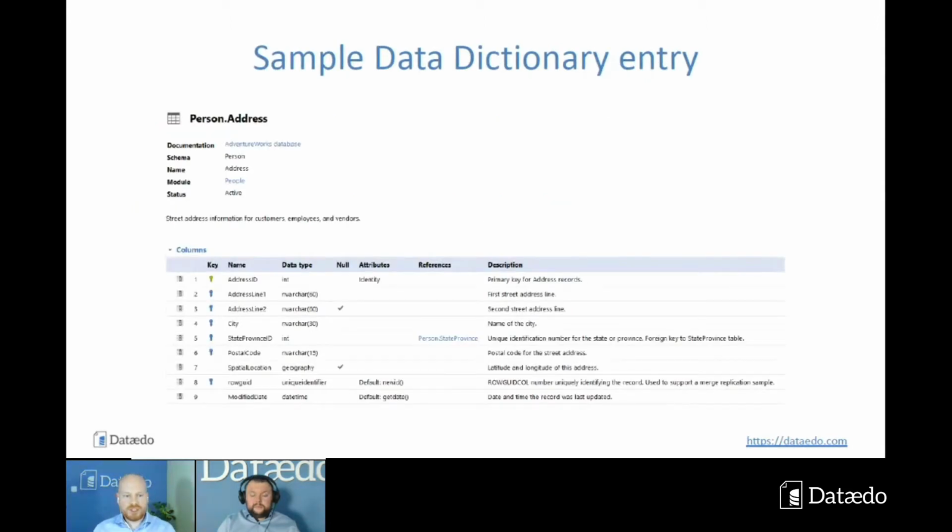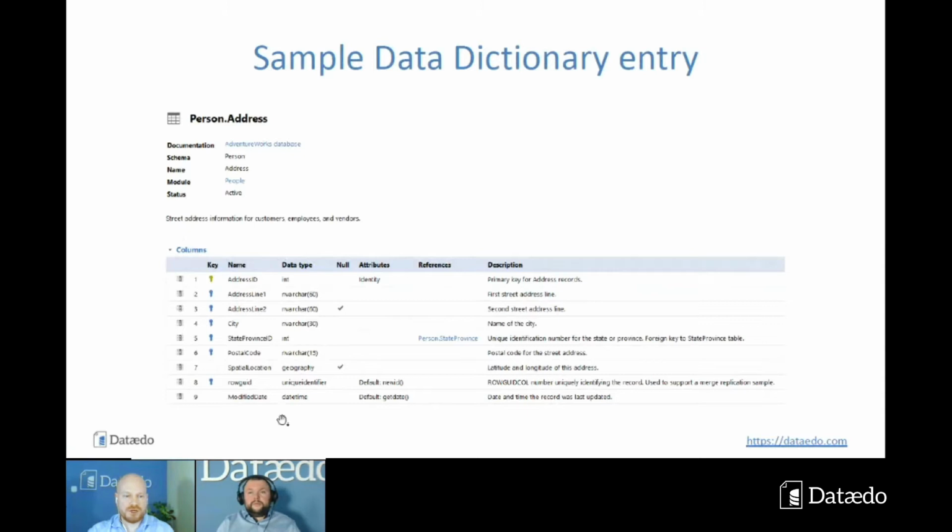A sample data dictionary entry could look like this. This is a screen from Dataedo. What you can see here is actually a specification of a specific table. You have a table name over here. You have the database it is part of. You have the schema. You have the description of the table, what it is for, what it holds.